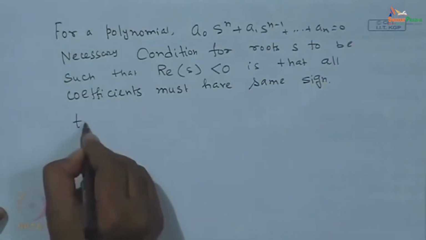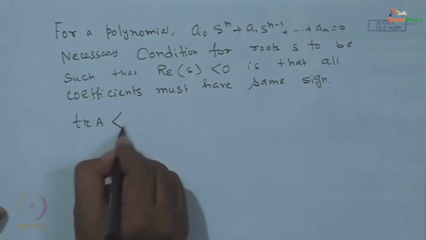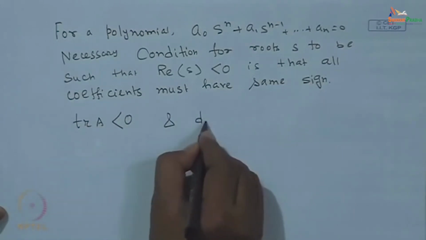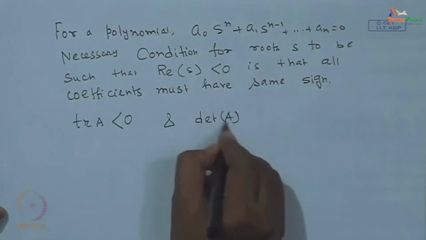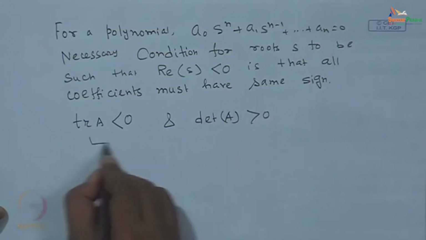So, the trace of the Jacobian matrix A has to be negative and the determinant of A positive.